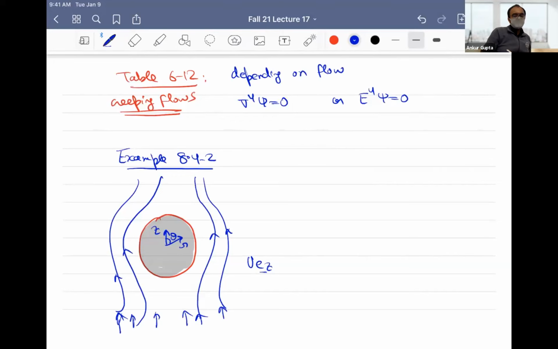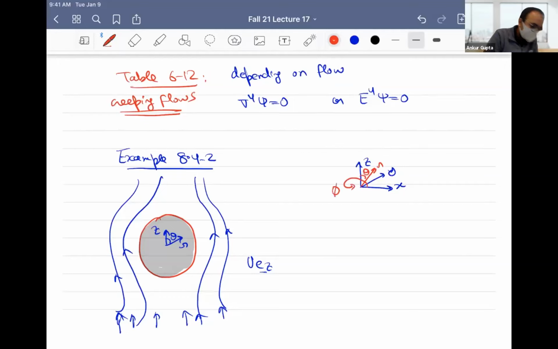The first thing to remember is the spherical coordinate system. Sometimes I know students get confused, so I just want to quickly remind everyone. X, Y, and Z here, then this is r, theta, and phi.